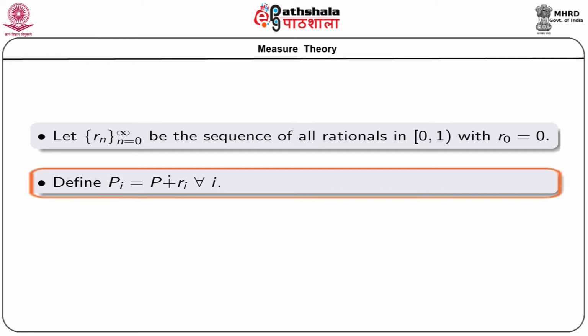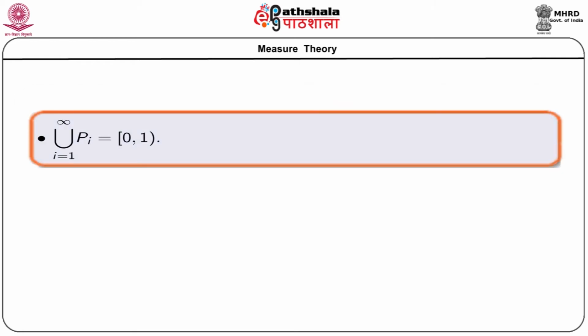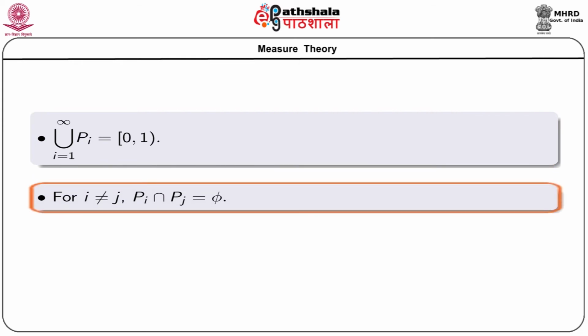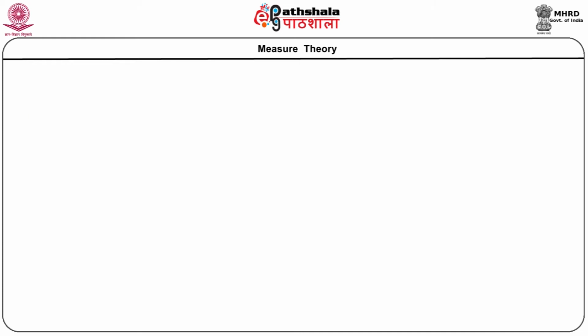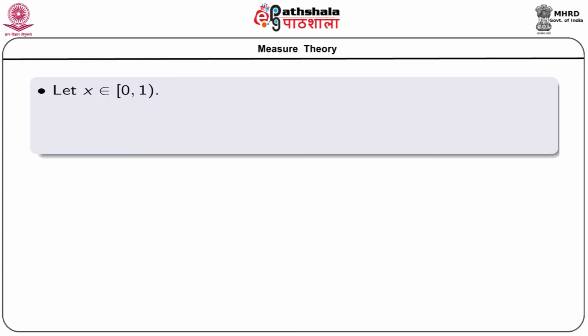We claim first that the sets P_i have the property that their whole union, the union over i from 1 to infinity of P_i, is the whole interval [0, 1). And the second assertion is that for i not equal to j, the sets P_i and P_j are disjoint.